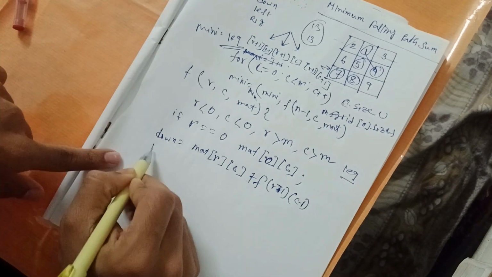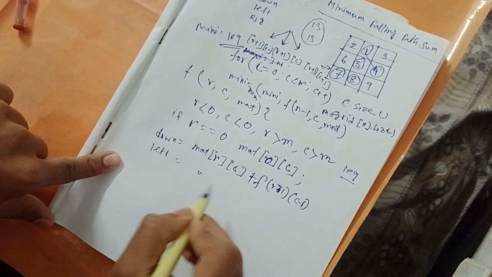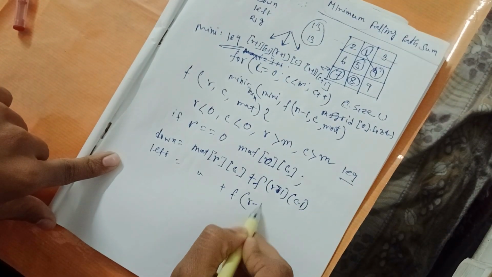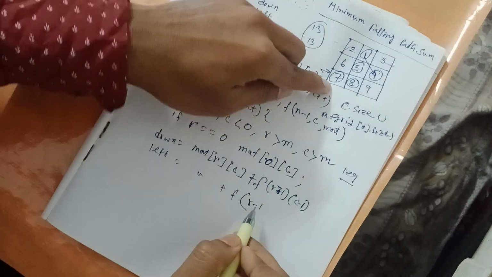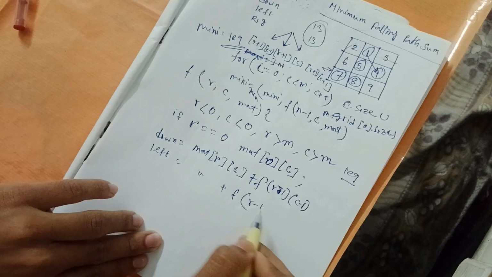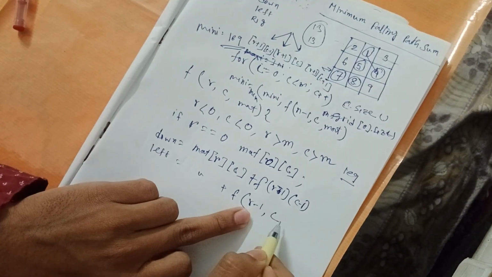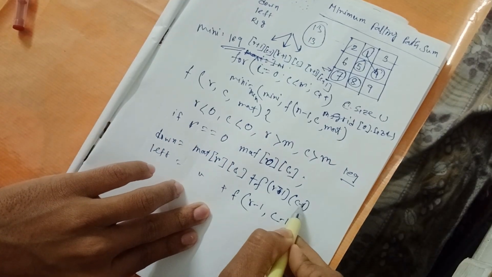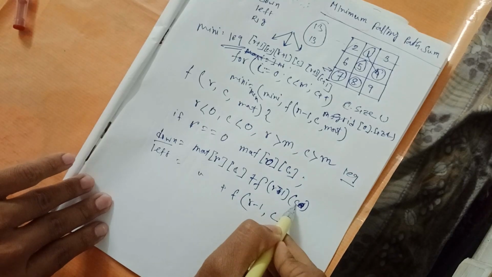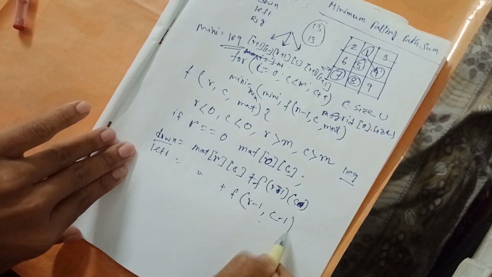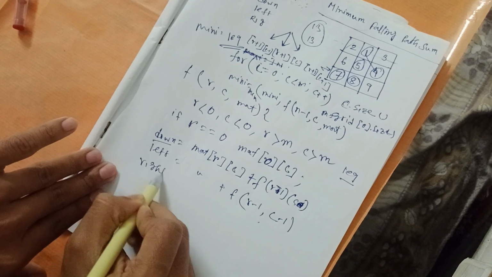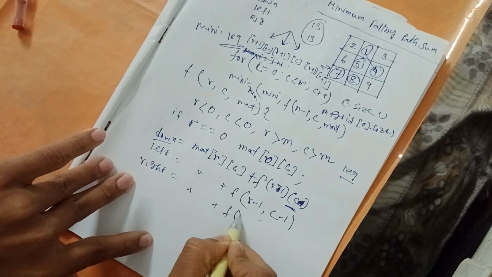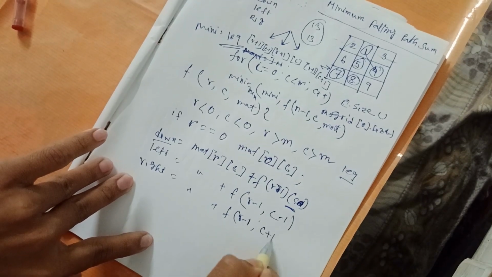When you go left, I write matrix of row and column plus function of row minus 1 and column minus 1. Down keeps the column the same, but when you go left the column is minus 1, and when you go right, sorry, my fault, here you write function of r minus 1 and column plus 1 for right.